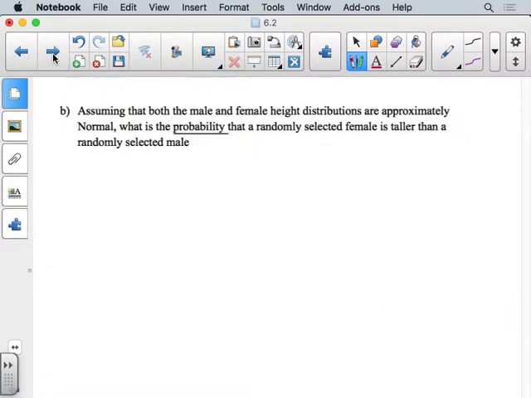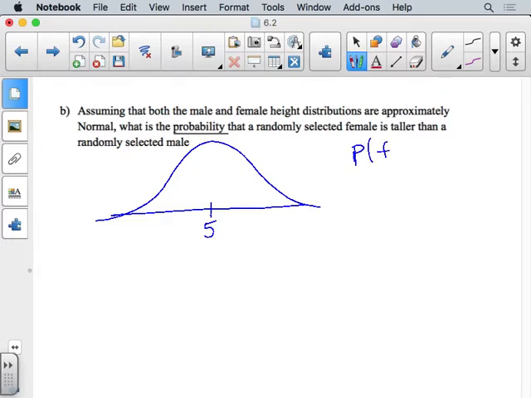Assuming that these distributions are normal, what's the probability that a female is taller than a male? They said assume that these distributions are normal. So what's the probability that a female is taller than a male?